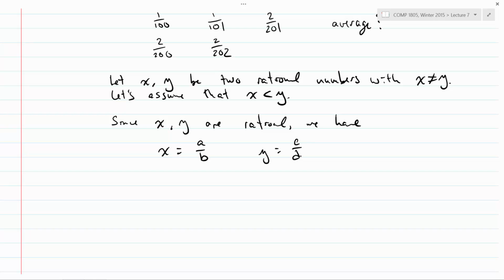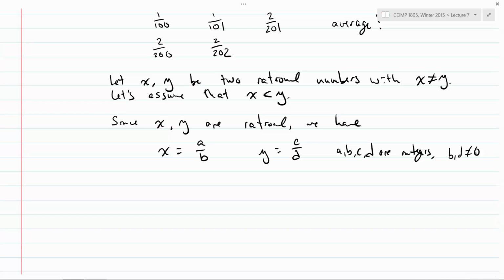You can't do that because if you say that, x and y are equal, but we already know they're not equal. Right? So you can't use the same numerator and denominator. And what do we know about these things? We know that a, b, c, and d are integers. And we know that b and d are not 0. That's what we know about the world so far.